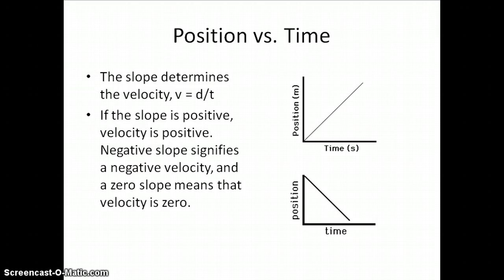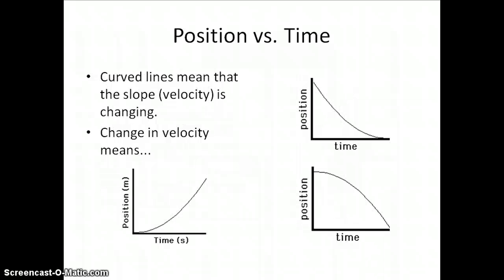So what about changing velocity? How are we going to represent that? And what does changing velocity mean? That there's acceleration. So we show changing velocity in a position versus time graph by curved lines. So here you have a few graphs that show this.